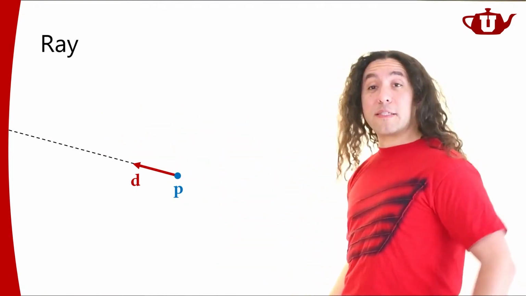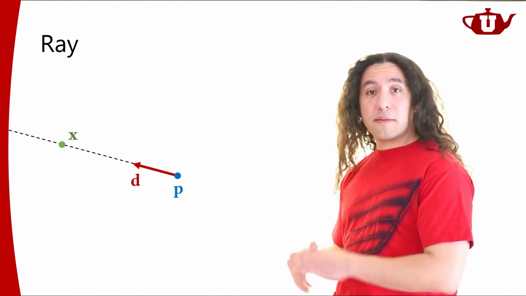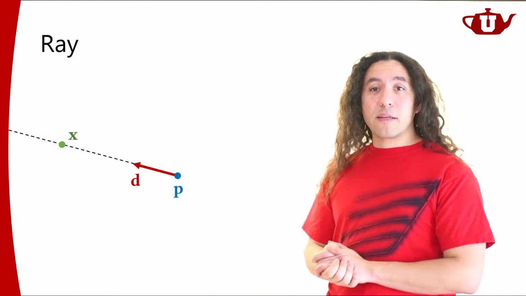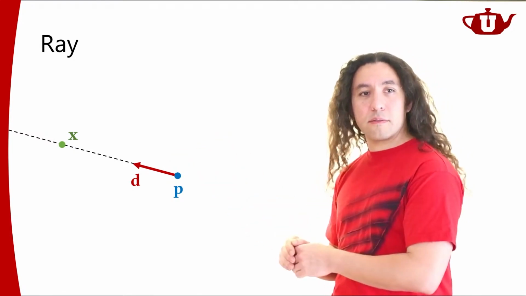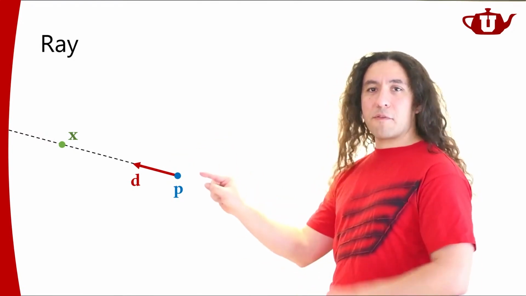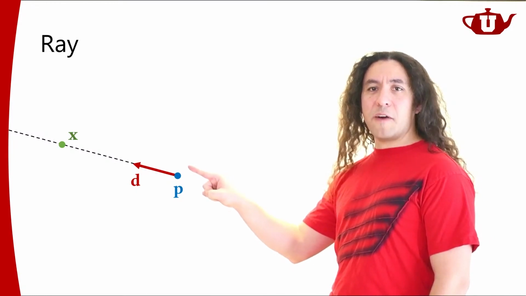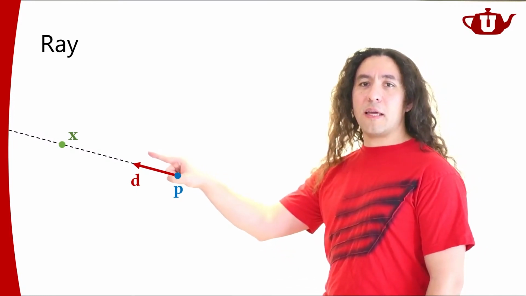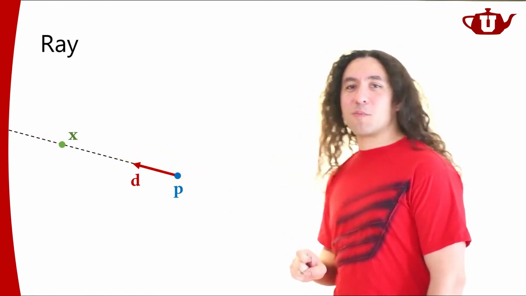For any point on this ray, let's call it x. We can write x as a combination of this position and direction, right? So starting from this position P, if I go along the direction of D enough, I can reach this point X, right?